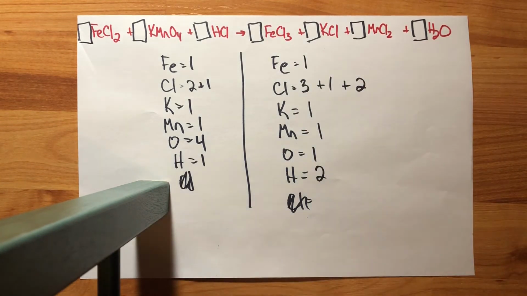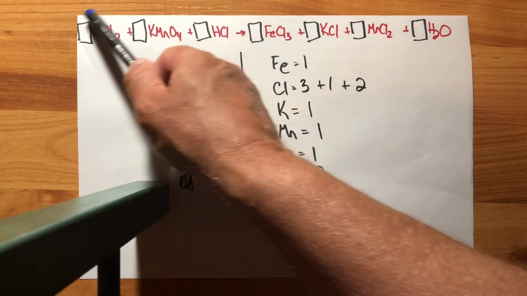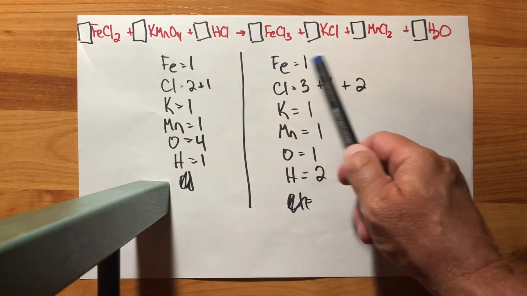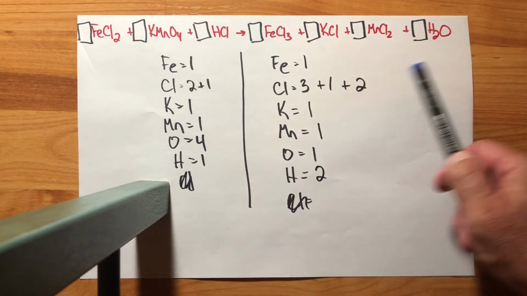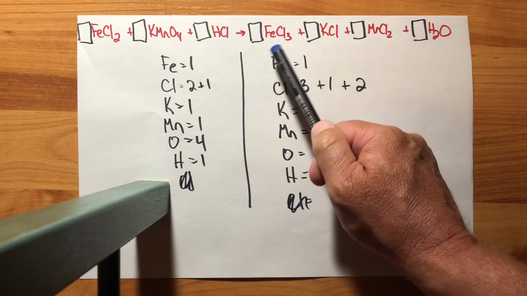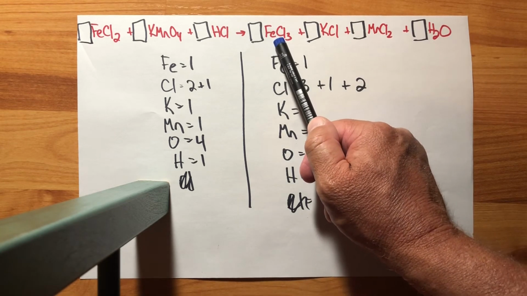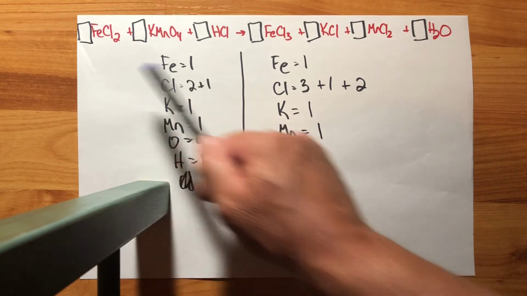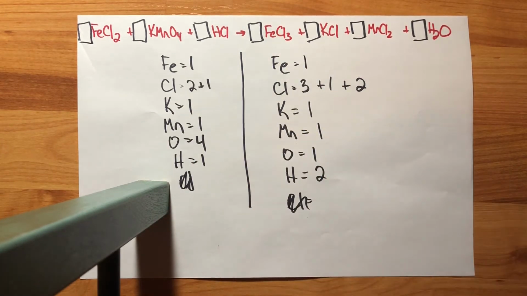So there's my inventory. Now, I'm going to have you do this one on your own, but I'm going to give you a helpful hint to help you recognize some of these things. Do you see that there's only one place on the reactant side where iron is located, and only one place on this side? There's no subscript after the iron here, and there's not here, so they're basically already balanced.